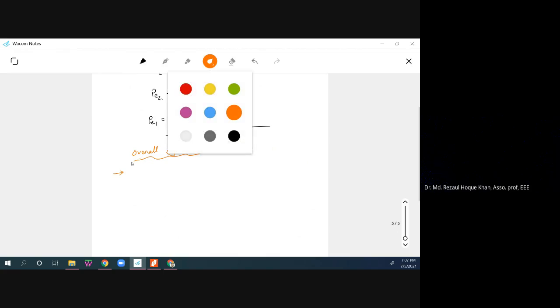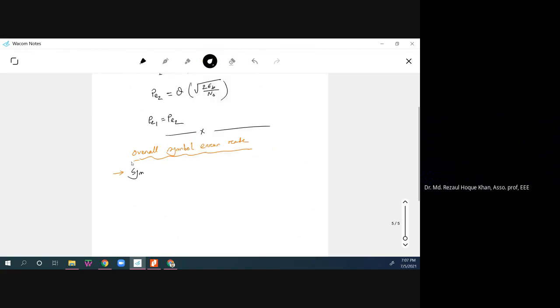A symbol is in error if either bit A1, which is in channel 1, or A2, which is in channel 2, is in error.